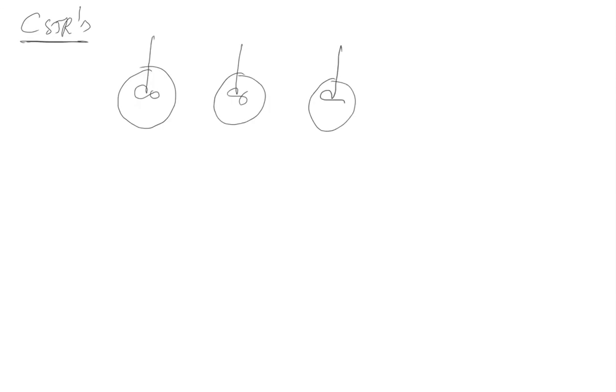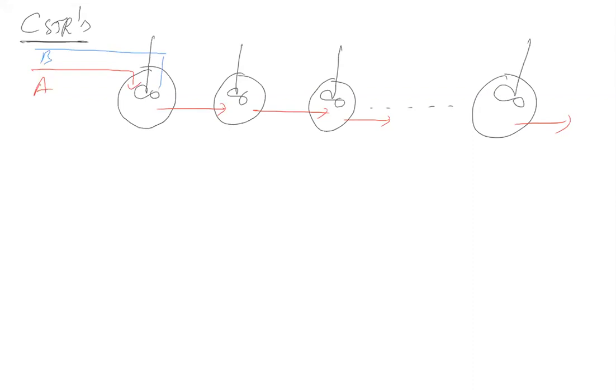So I'll take a series of CSTRs and inject A as a bulk stream, and inject B in pulses. This is how you operate the CSTR, so that you maintain high concentration of A and low concentration of B.